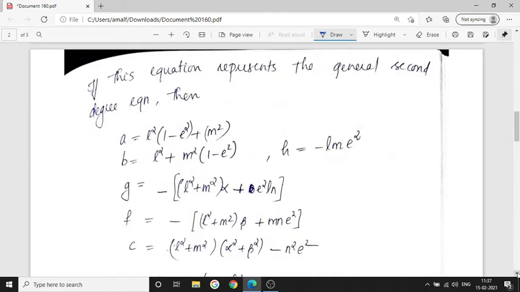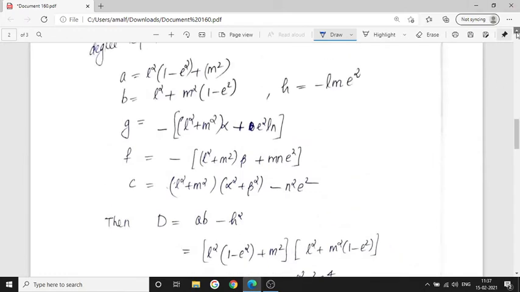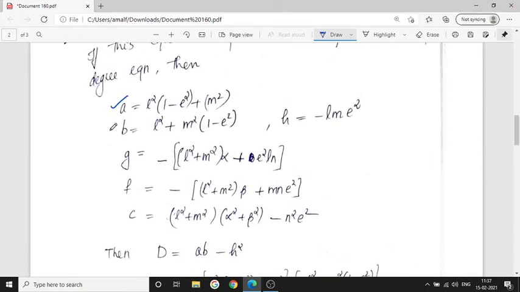And now let us look at the condition d equal to ab minus h square. We have the value of a, then b, and this is h. Let us find the value of d and look for the cases when d equal to 0, d less than 0 and d greater than 0.